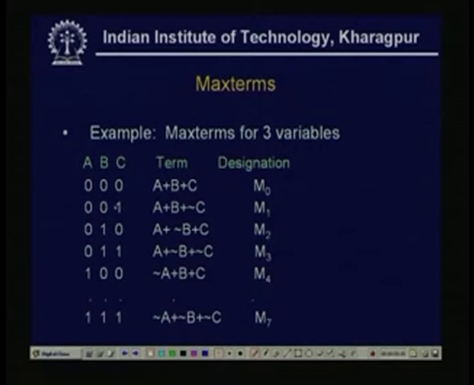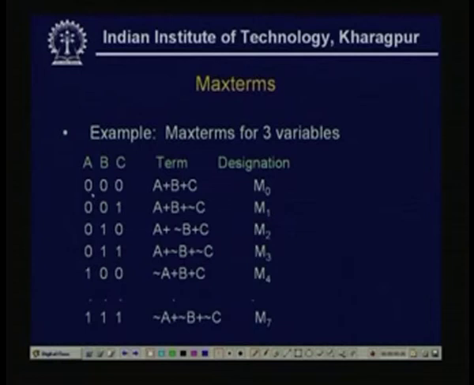Here we are taking the reverse. Again, this is a convention: what we have taken in the min term, the reverse we are taking in the max term. That means 0 is the uncomplemented one, A plus B plus C. Here A plus B plus C bar, this is my negation C. Similarly, if I take 1 0 0, this is A bar plus B plus C.